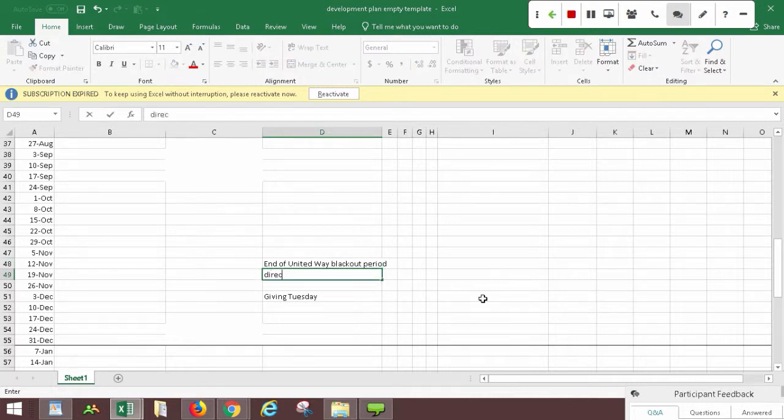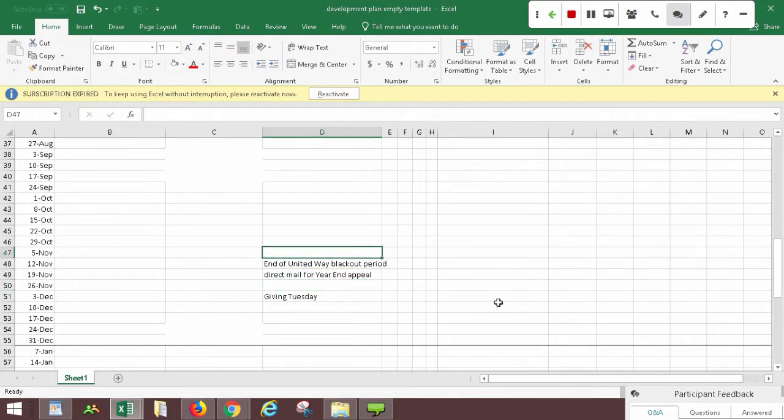So, if you are a United Way agency, your direct mail campaign is going out no earlier, typically, than November 15th. And if you are not a United Way agency, then you may really want to be thinking hard about being ready to do your direct mail campaign just before November 15th. Get your solicitations into people's mailboxes before all the United Way agencies do.